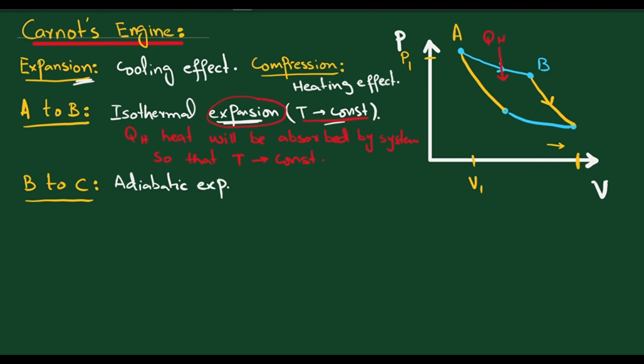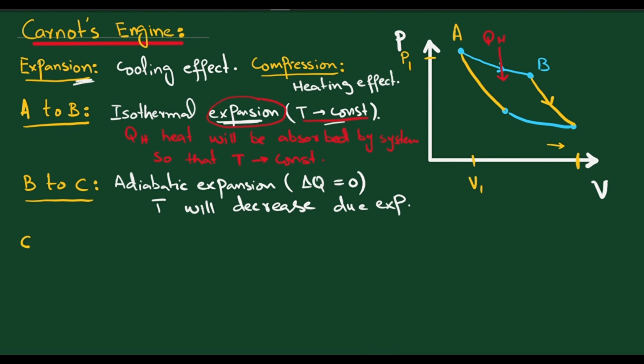Adiabatic means no heat can enter or leave the system; we thermally insulate the system, so delta Q is equal to 0. Due to the expansion, the temperature of the system will decrease.